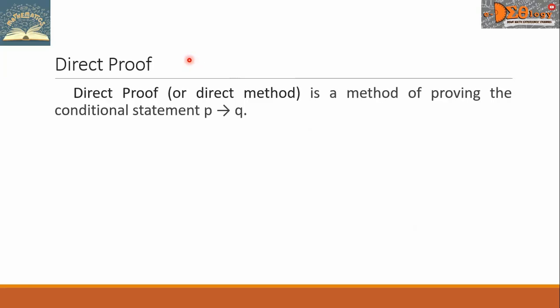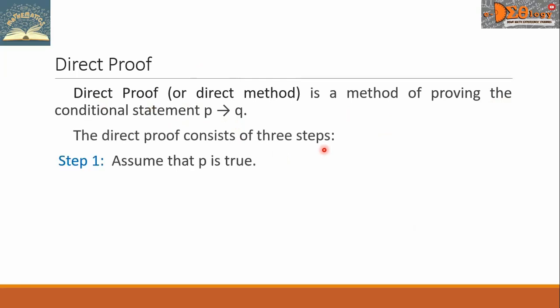Now let us study direct proof. Direct proof, or direct method, is a method of proving the conditional statement P implies Q, or sometimes we say if P then Q. The direct proof consists of three steps.